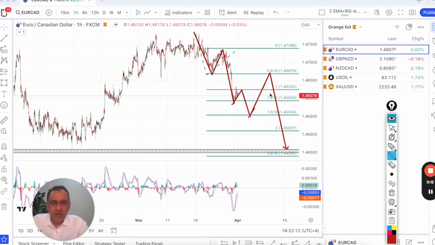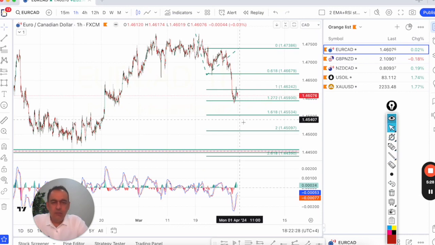So in the coming week, I'll be waiting for this bullish divergence formation on the lower time frame, and I will allow it to run back to 61.8, and this is the area to get into the sell trade.